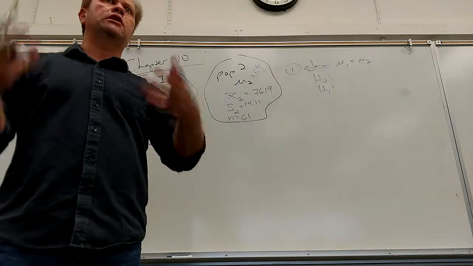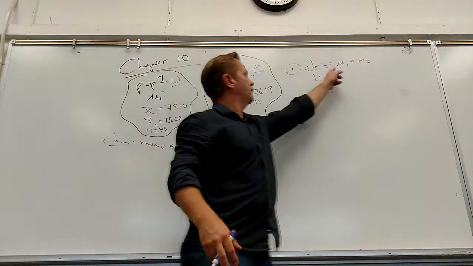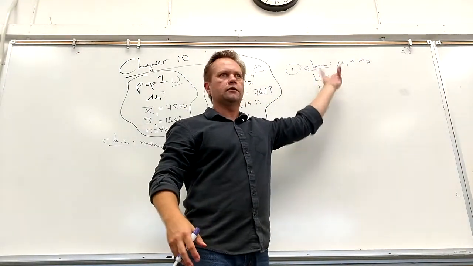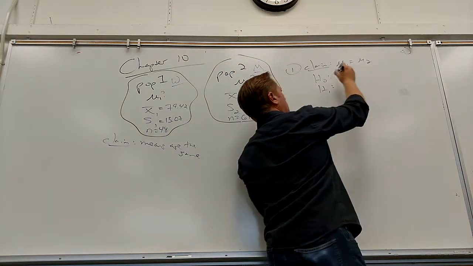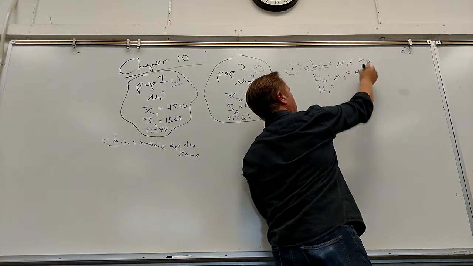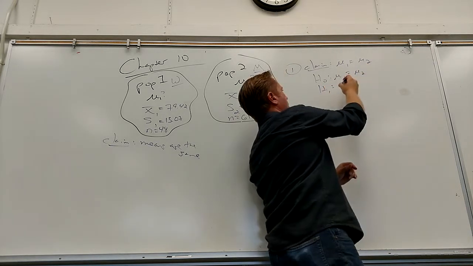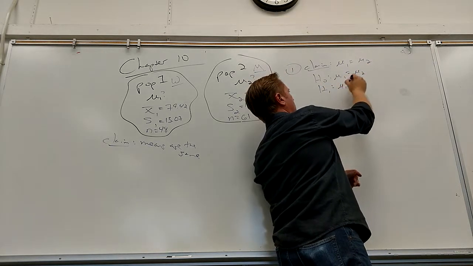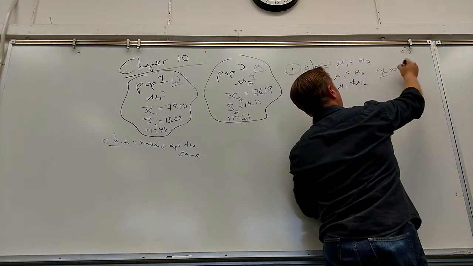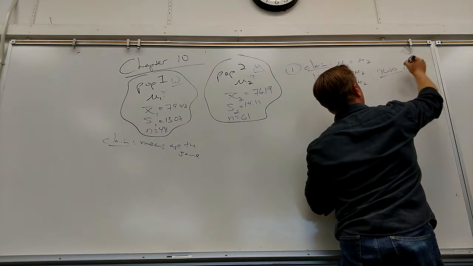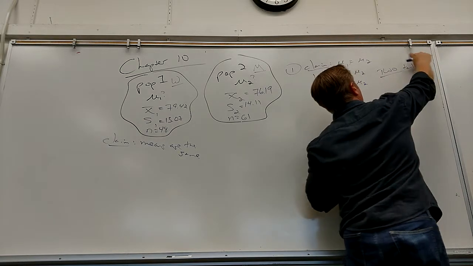It's just the relationship between 2 unknowns. Now, which one is the null hypothesis? The claim, because it has an equal sign in it. So what's the alternative? Not equal. So how many tails does this test have? 2.